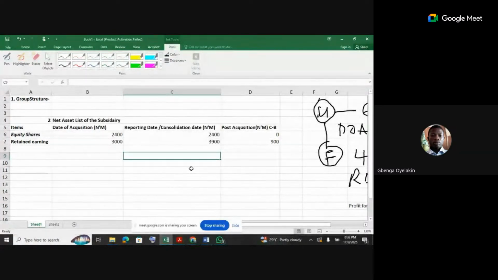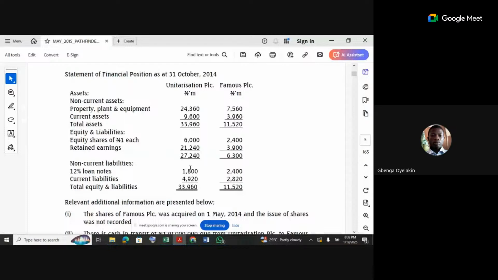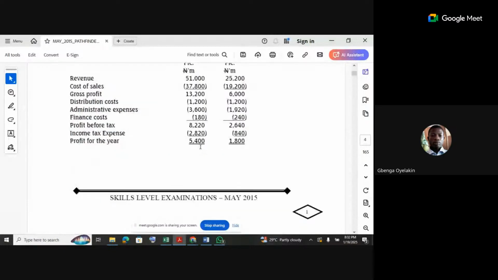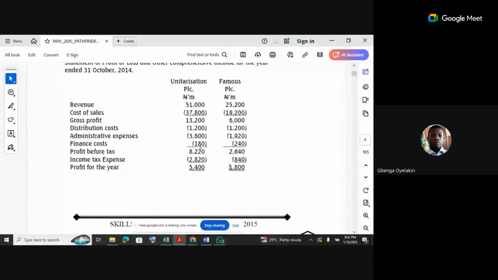But to know the post acquisition, we go to our statement of profit or loss, and we discover that the subsidiary made a profit of 1,800 naira as at 31st October 2014.